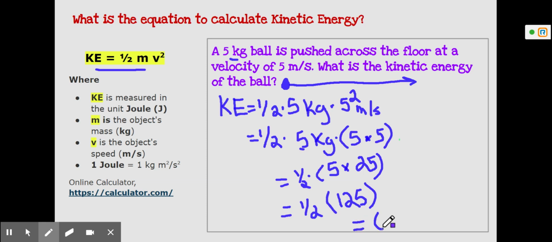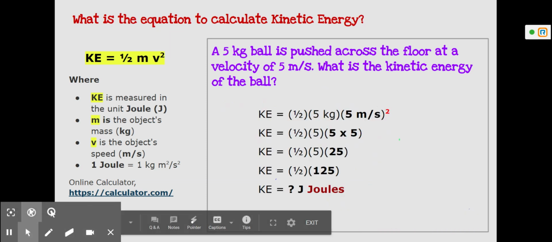And we get 62.5. Every quantity in science needs a unit except a count. So what is the unit? Energy is measured in the unit joules. So our answer is 62.5 joules. That's how we solve and calculate the quantity of kinetic energy this ball has.